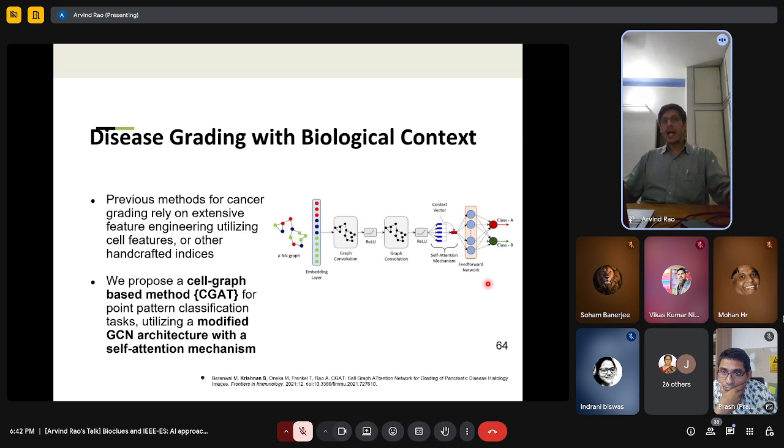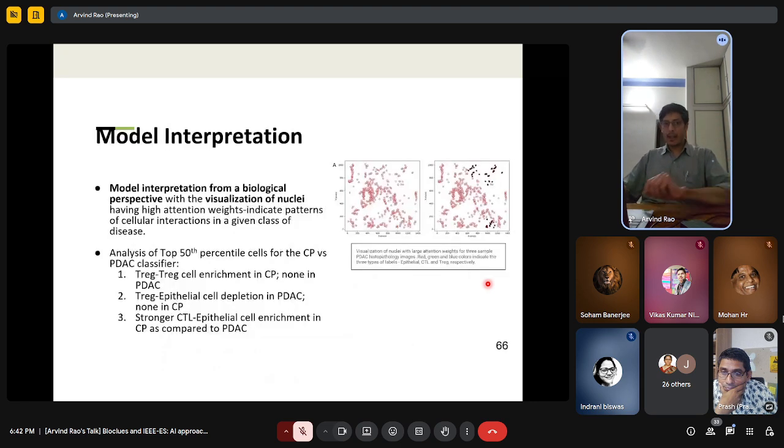And the outcome of that was that we could obtain a heat map on these point patterns that told us which cells are most relevant to discriminate different grades of pancreatic disease. That to me is the power of deep learning, right? To be able to augment human insight by pointing to areas that may have been in our blind spot.